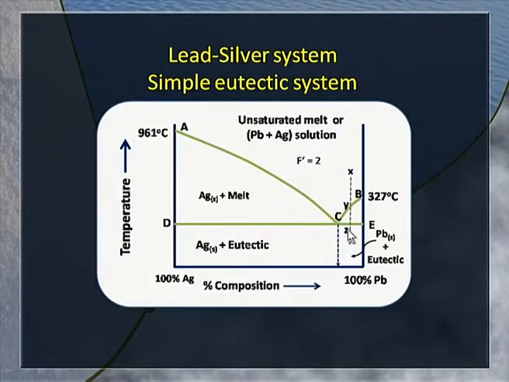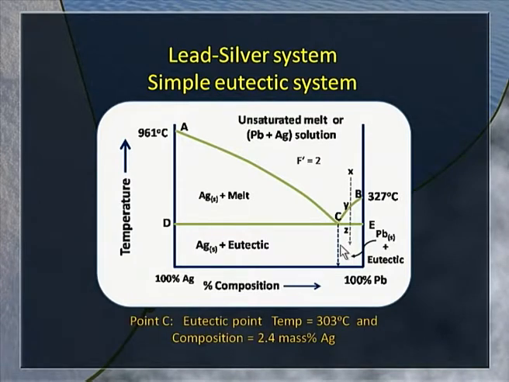The temperature corresponding to the eutectic point is 303 degrees, which is lower than the respective melting points of the two participating elements. AC is the melting point of silver as it changes with the addition of lead, and similarly BC tells us how the melting point of lead decreases with the addition of silver in it.